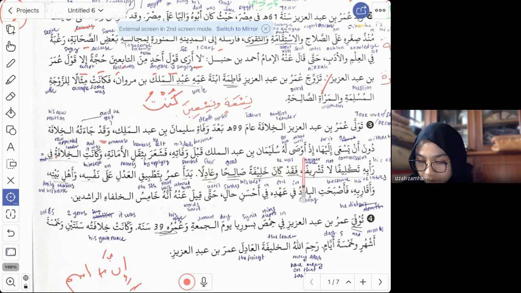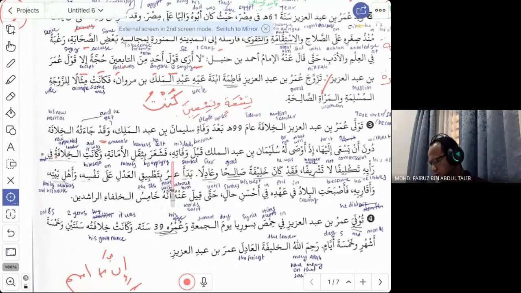Okay. Is also means that will. Lahu means for him. Sulaiman bin Abdul Malik. Qabla, before. Wafati, his death.